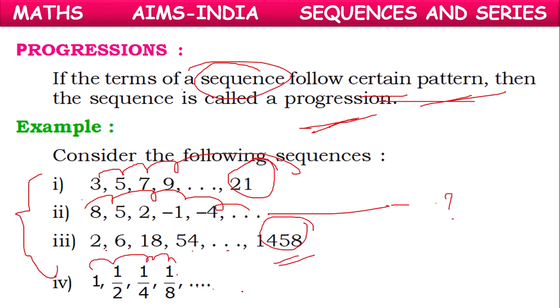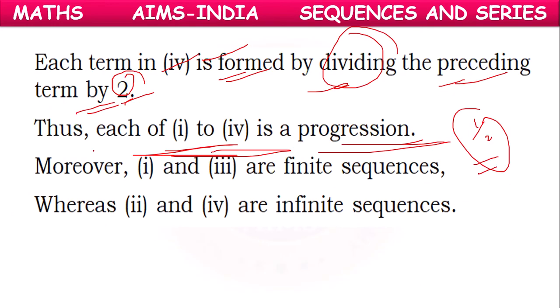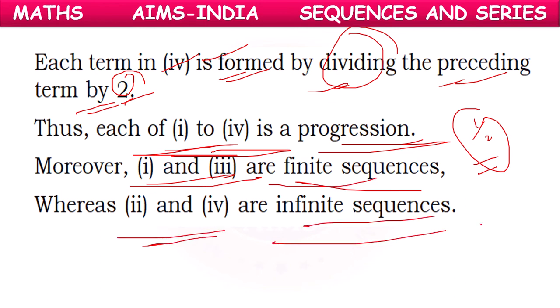We have dots, which means it will go on. So examples 1 and 3 are finite progressions, and examples 2 and 4 are infinite progressions.